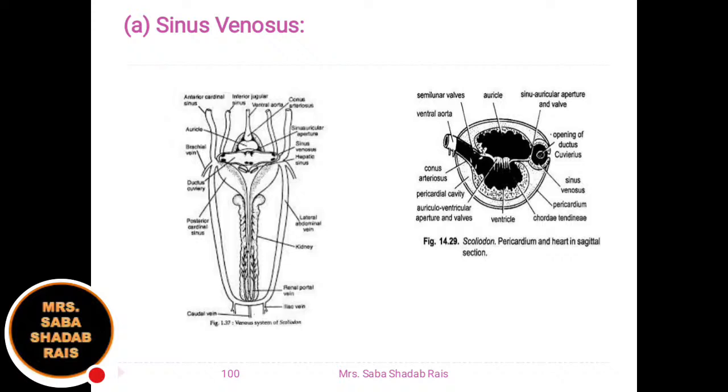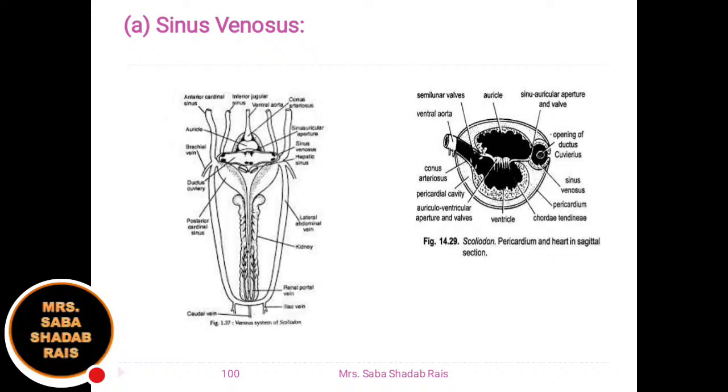So the first chamber which receives the blood is the sinus venosus. This accessory chamber receives the blood, and it is connected with the main chamber, that is the atrium. So let us discuss the sinus venosus first.